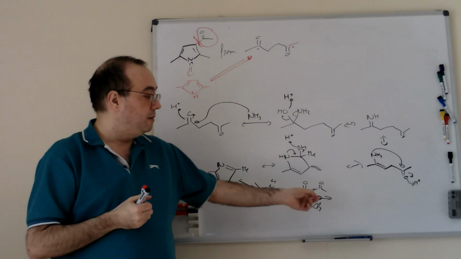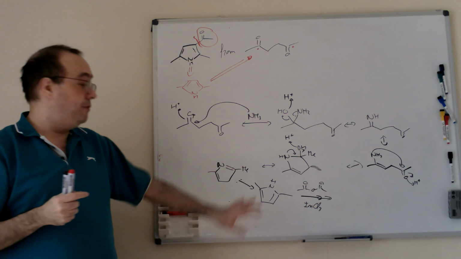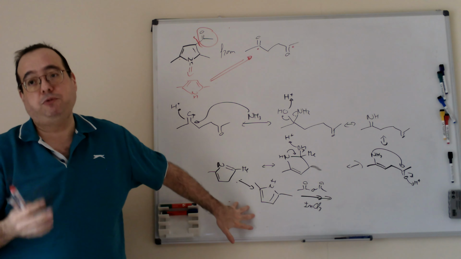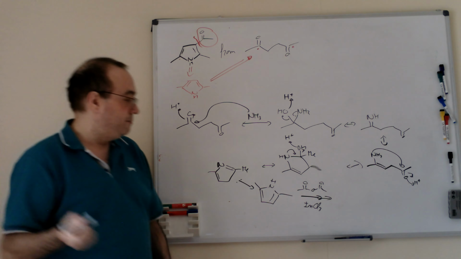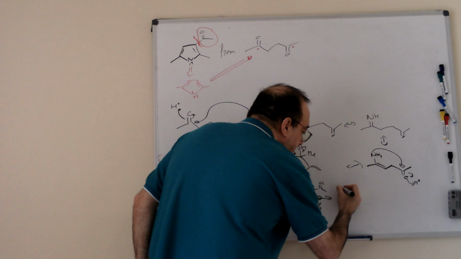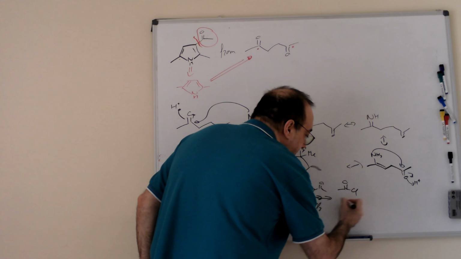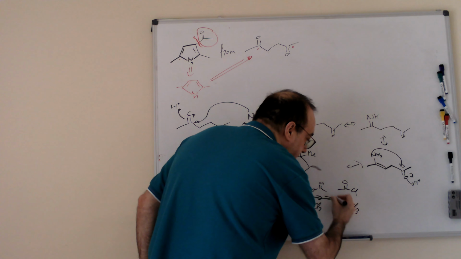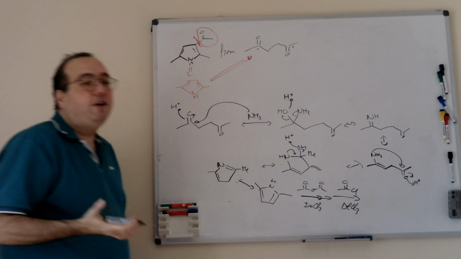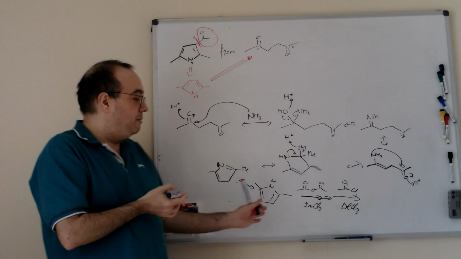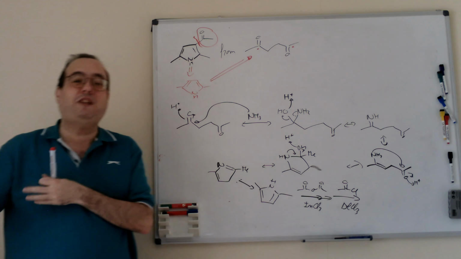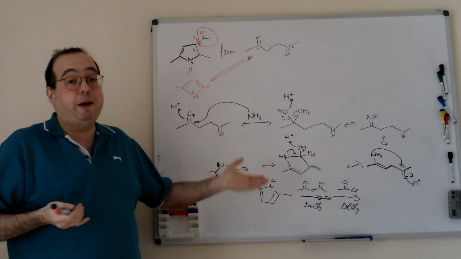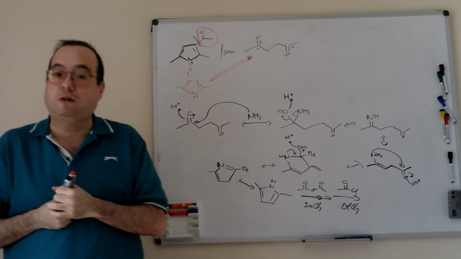We can use very soft reagents, but if you don't remember indium chloride or acetic anhydride, you can always use the acyl chloride and aluminum chloride. Okay? In real life, I would not recommend it. Pyrroles are very sensitive, that means you will have a lot of side reactions, but on paper, everything works.